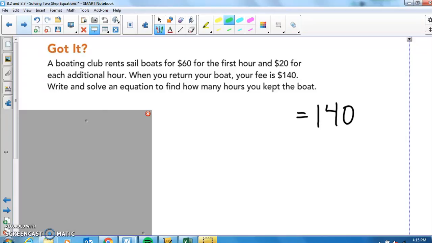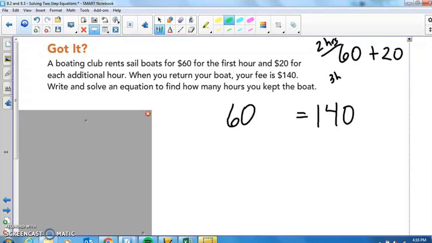We know that the sailboat rents for $60 for the first hour, and for every additional hour, it's going to cost $20. So we know right up front, if we rent it for 1 hour, it's going to cost $60 no matter what. If we rent it for two hours, it's going to cost $60 plus that additional $20. So that's for 2 hours.